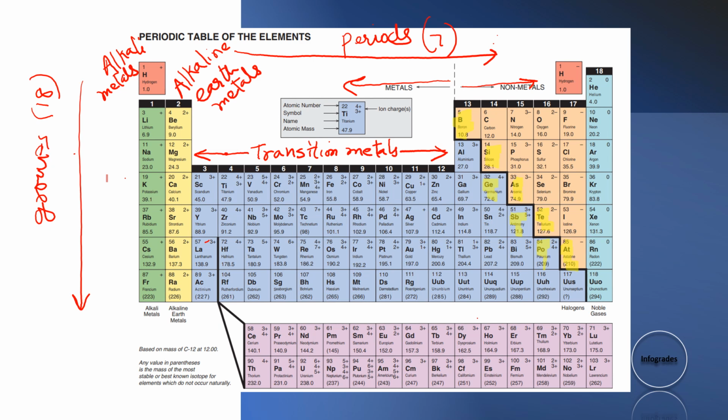The bottom 2 rows we discussed: the first series is lanthanides, and the last series is called actinides. Group 17 is called halogens. Group 18 are noble gases.